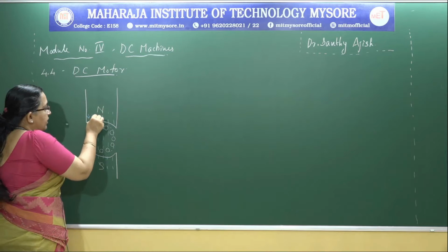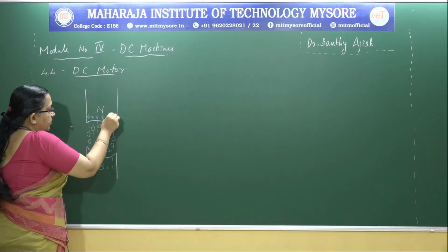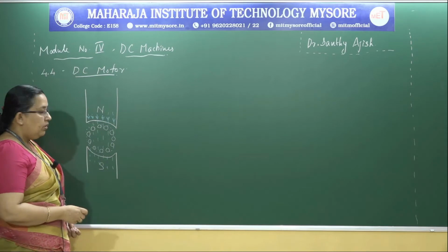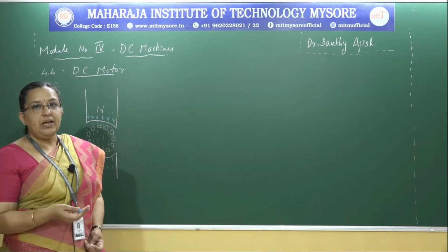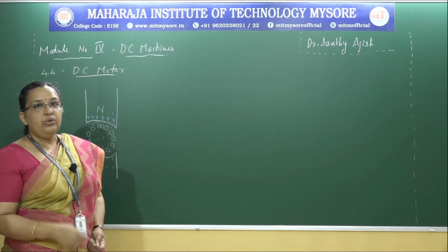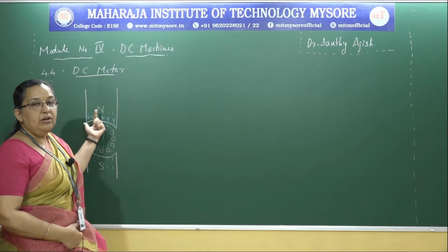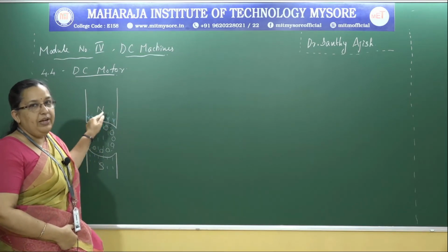So the magnetic flux moves in the direction from N to S. So this we call the main flux. Now when we have to convert electrical energy into mechanical energy, this field magnetic flux is produced by the small DC voltage which we give to the field.